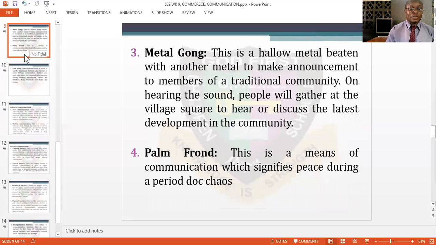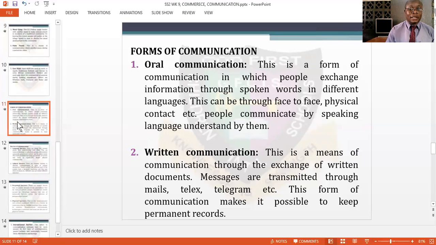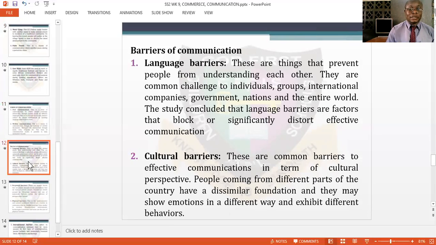Then let us look at barriers of communication. Language barriers. It is impossible, if I speak Yoruba to a Hausa man, and this Hausa man doesn't understand Yoruba, it will be difficult for him, or maybe we are doing business together. There will be no effective communication there.